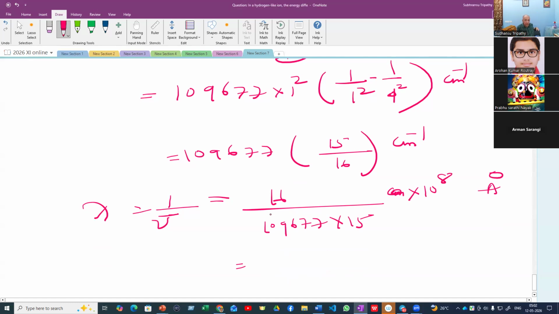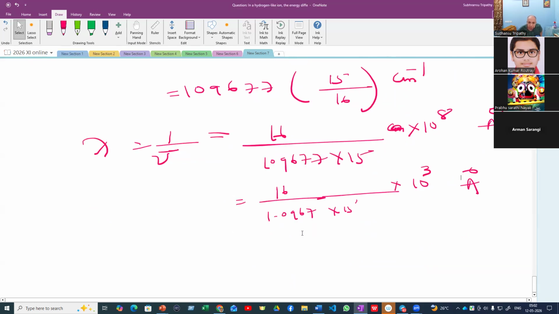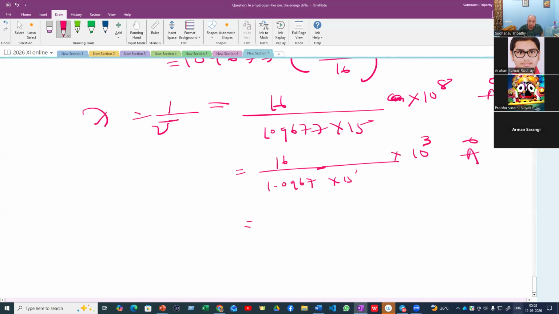Can you find it for me? It is 16 by 1.0967, taking 3 significant digits, into 10 to the 5, so this becomes 10 to the 3. Use your calculator and tell me the wavelength in angstrom for the third line in the Lyman series.